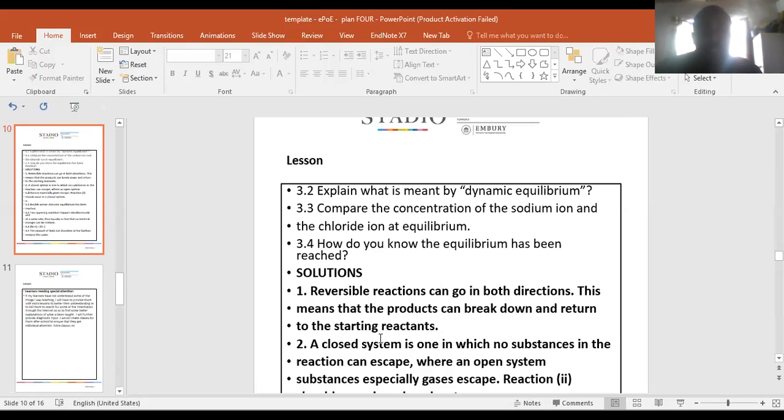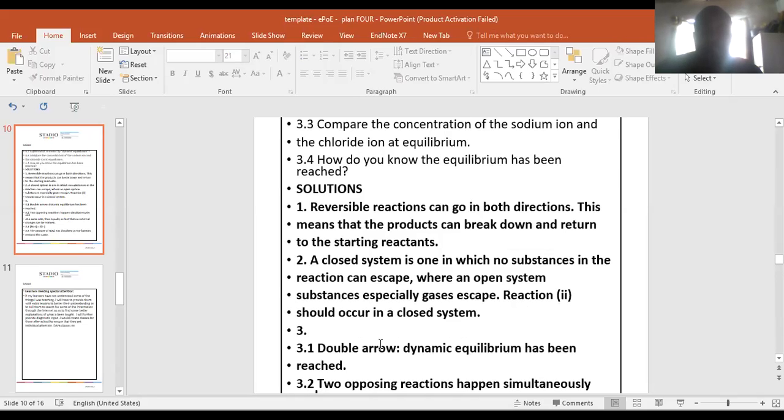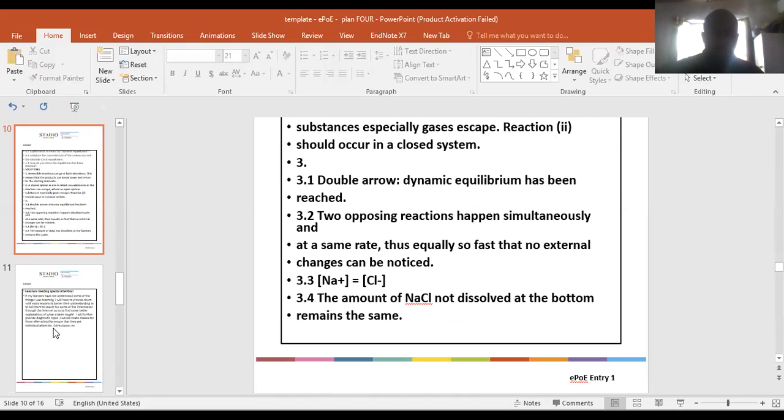Reactions can go in both directions. This means the product can break down and return to the starting reactants. A closed system is one in which no substances in the reaction can escape, whereas in an open system, especially gases can escape. So shortly we're going to finish Kc.